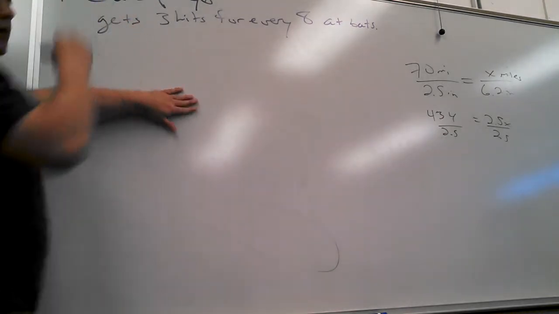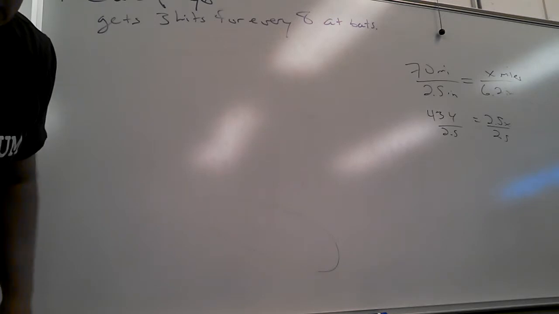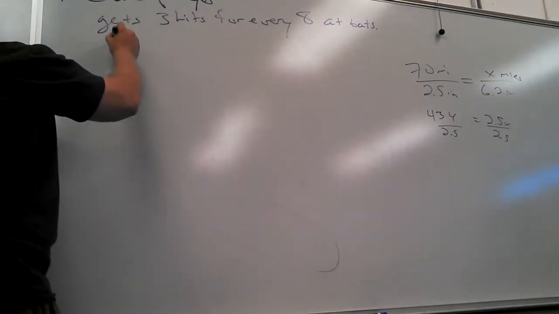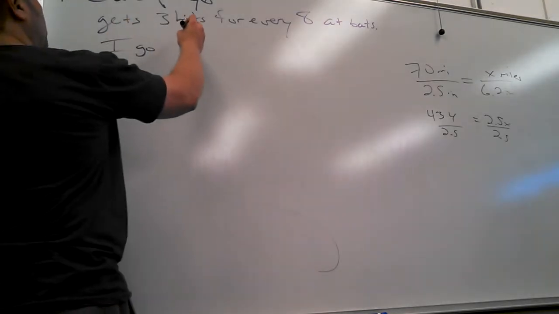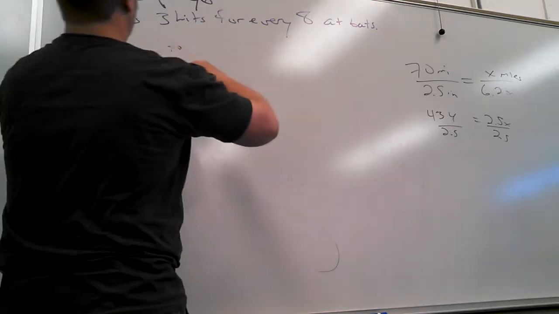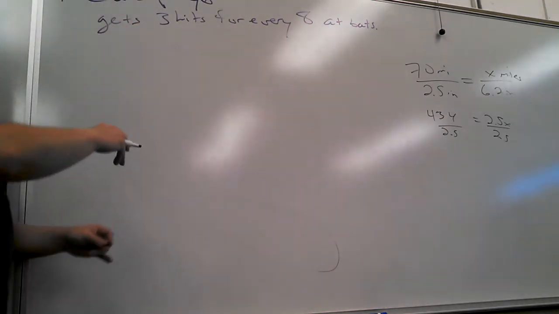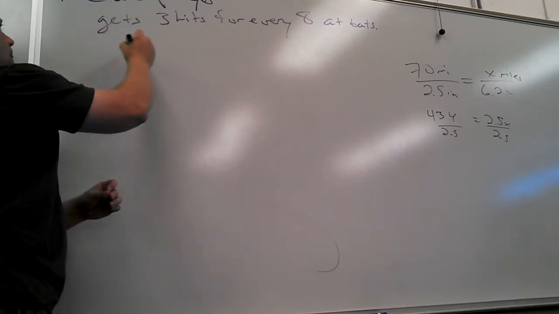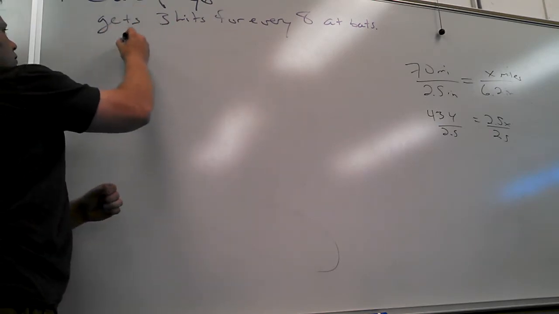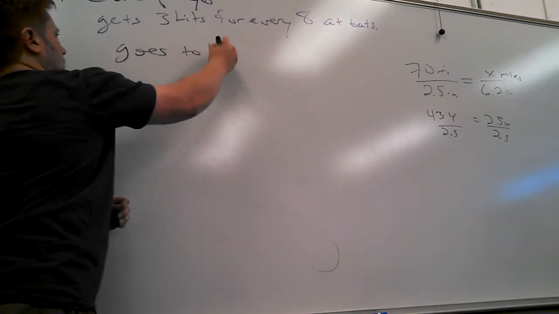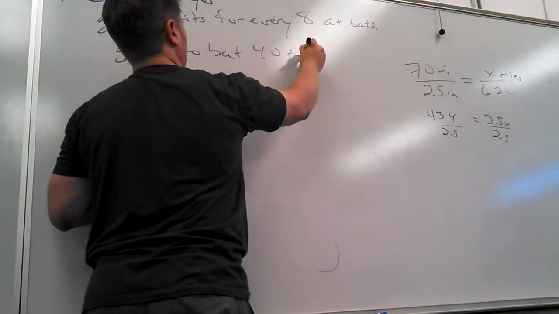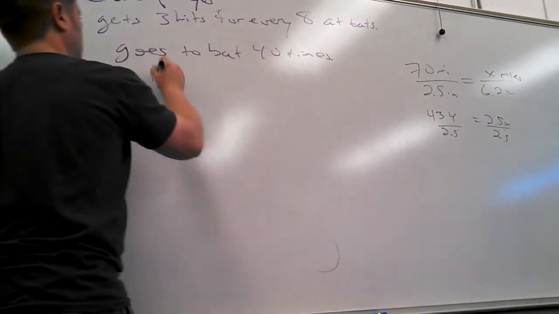So then they're going to say, if I go to bat 40 times, this person goes to bat 40 times. How many hits do they get?